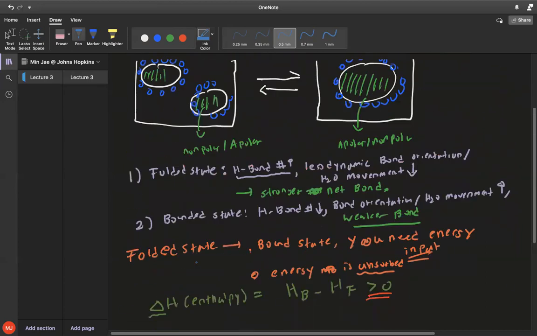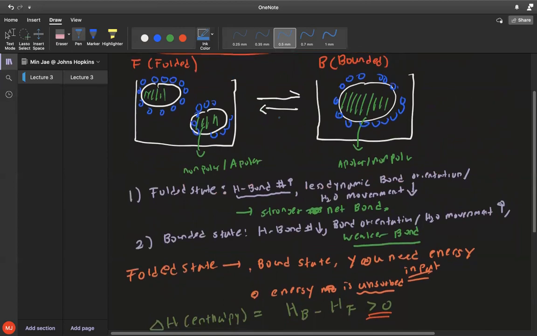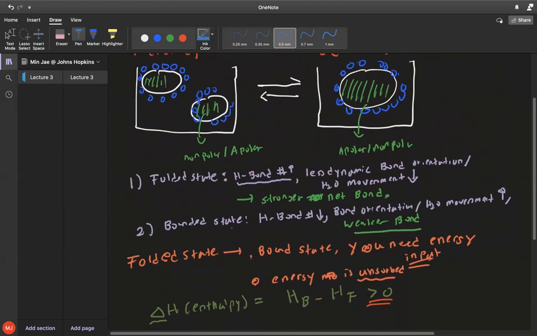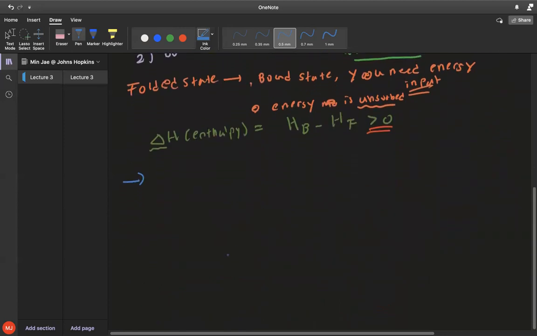So what actually drives the reaction from here to here, even though the change in enthalpy shows that the reaction is unfavorable? Well, that comes down to a question of entropy. That's another thermodynamic variable. This is just a definition: the degree of randomness.